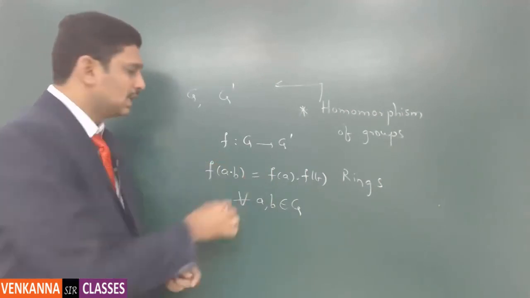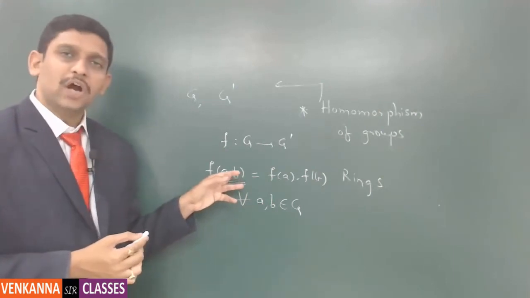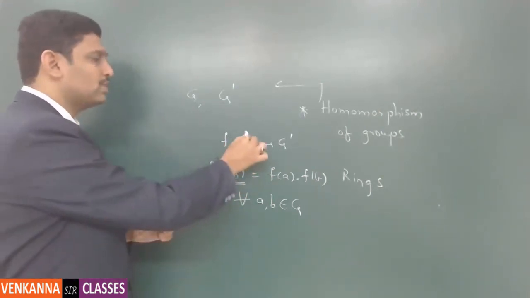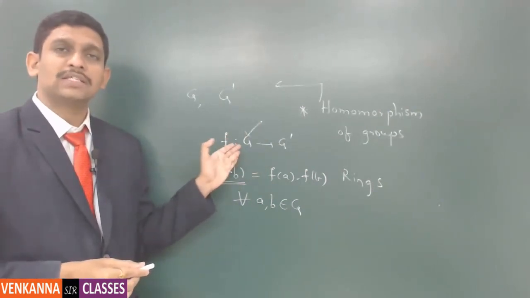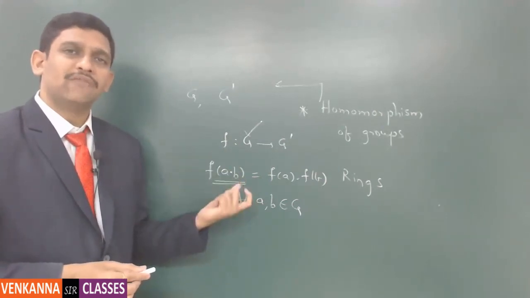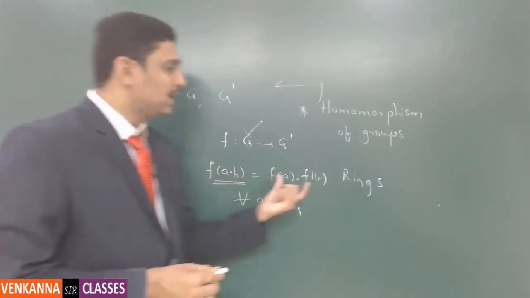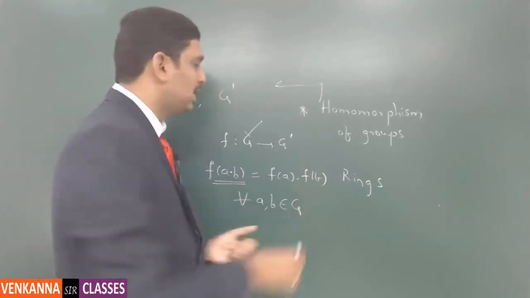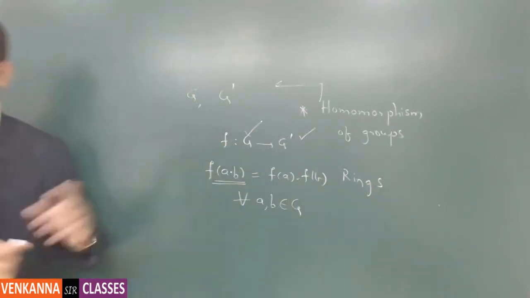On the LHS side, the operation dot is nothing but the operation defined on the group G. It may be plus, dot, star, circle, anything. So the LHS operation is by default nothing but the operation taken on G. Similarly, the dot operation on the RHS side is nothing but the operation on G dash. Okay? You please take a note of these things.